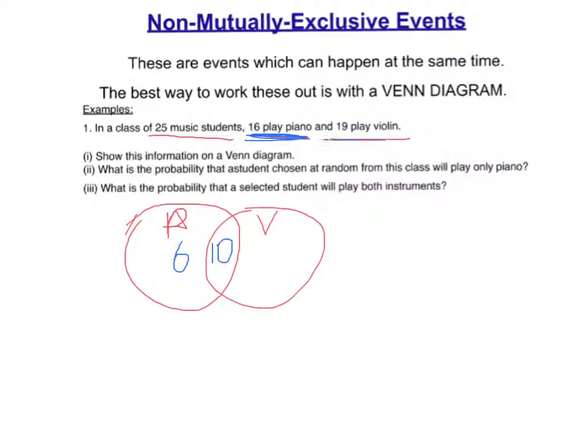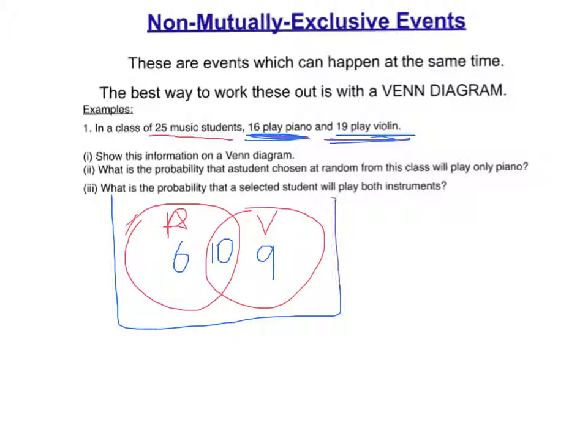And if there's 19 people who play violin and 10 play both, that means there's 9 people who play just violin. Then double check that 6 plus 10 plus 9 adds up to 25, and it does, the total number of students in the class.